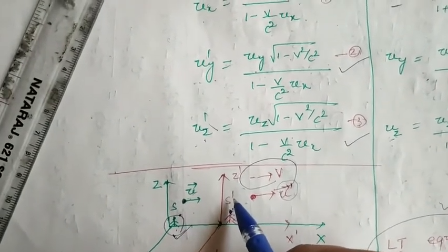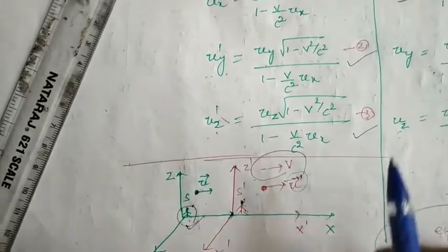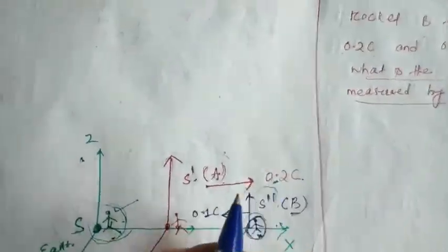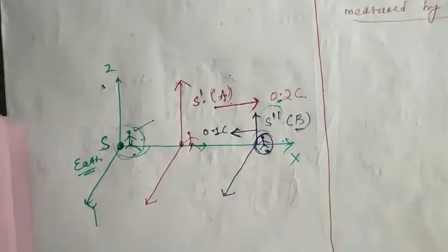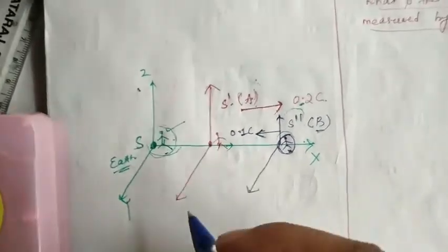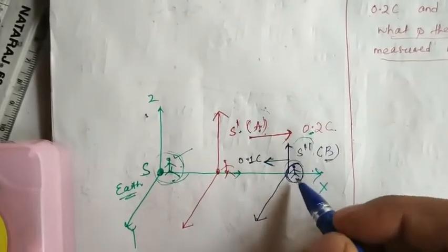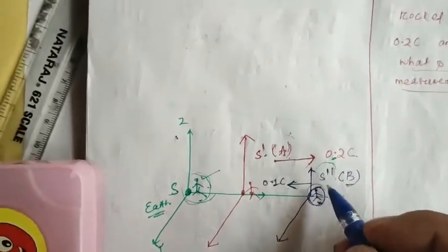Now here you just compare that. This is your earth frame of reference and this is your S dash frame. Now I am comparing this one with this.